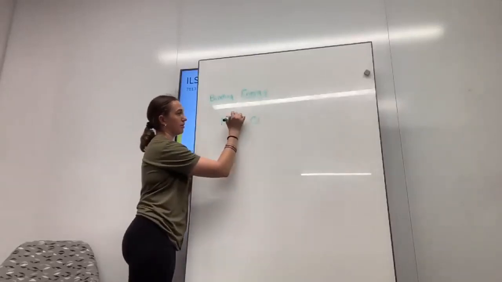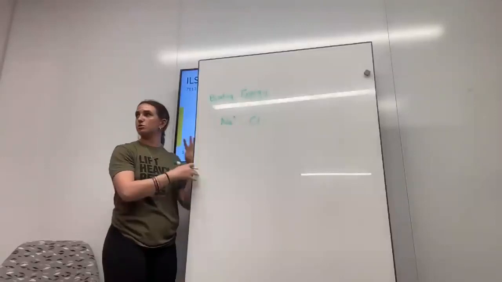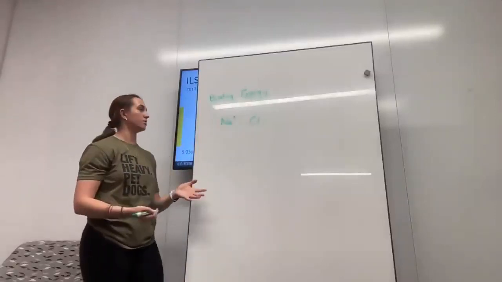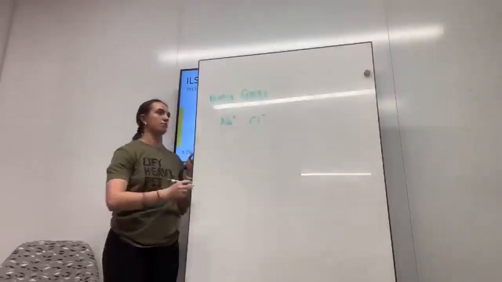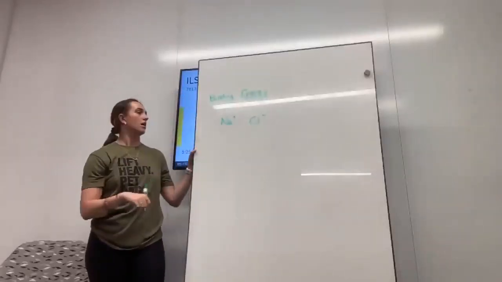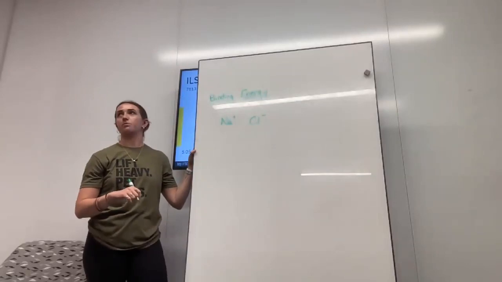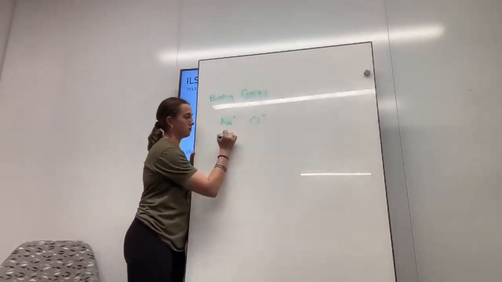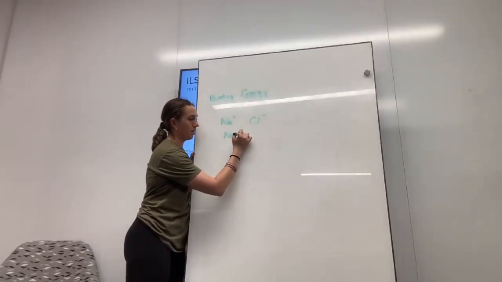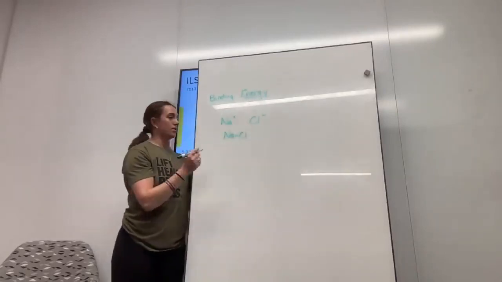Additionally, you have the positive of your sodium ion, which we just learned about today because it loses that valence electron, and then we have the negative of our chlorine atom, which we also talked about today because it takes that electron away from the sodium atom. So now we create this bond between them.